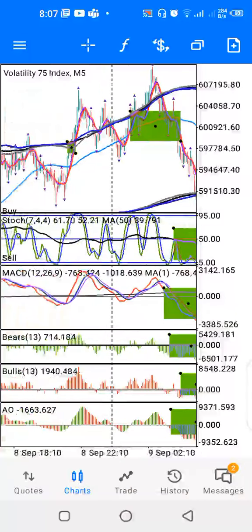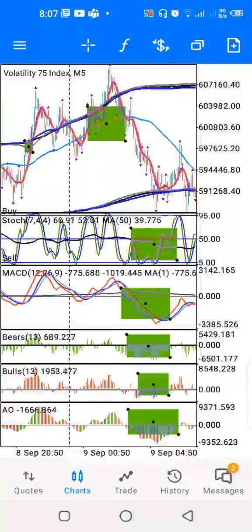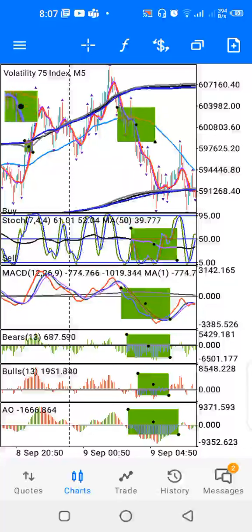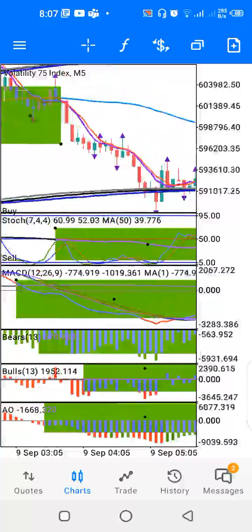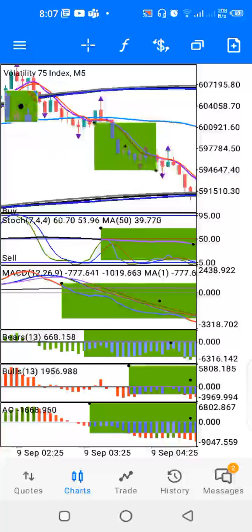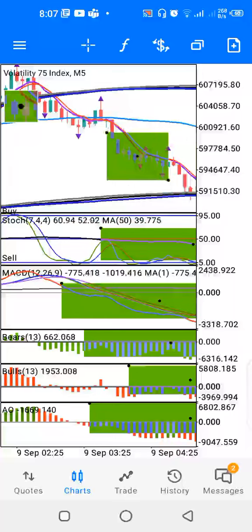So the best thing to do is for you to wait. When the purple and the red line cross down the blue line, don't just start selling. Wait for you to have candles lapping down successively before you start to sell, because you are expecting a swing high.